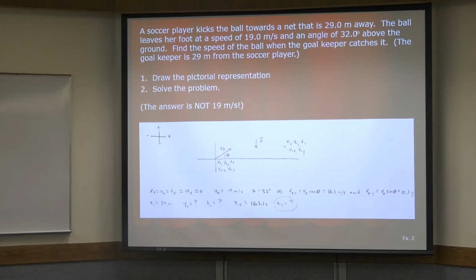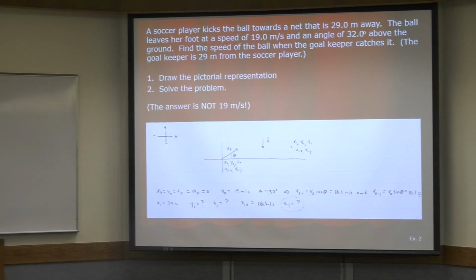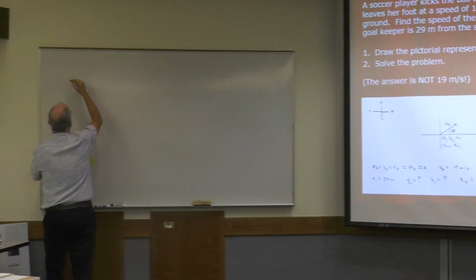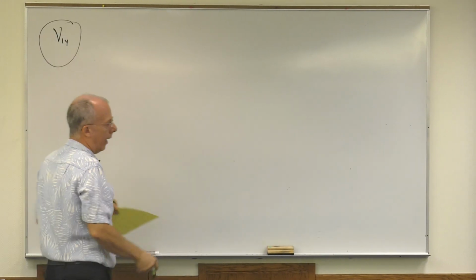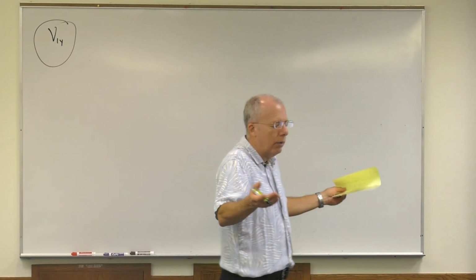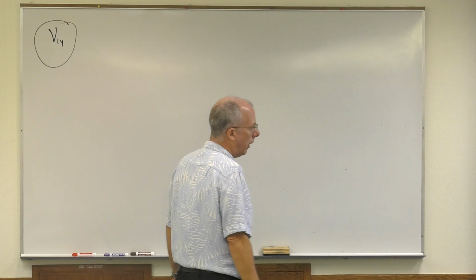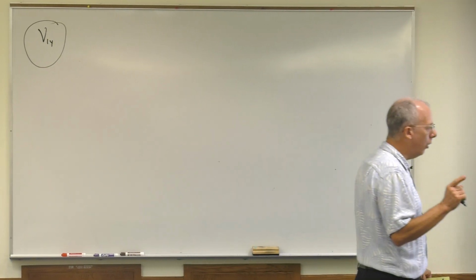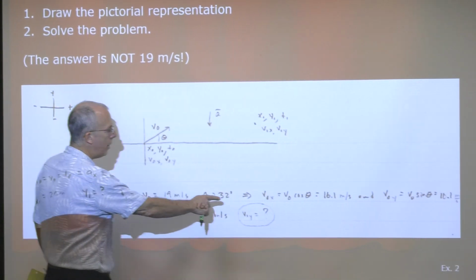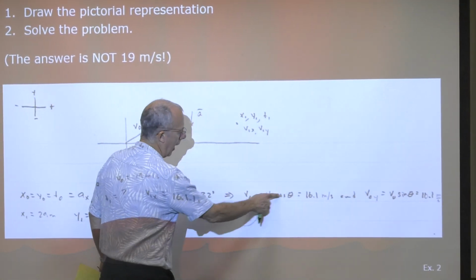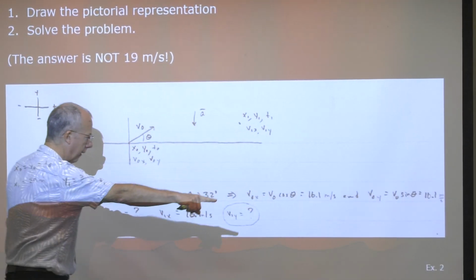So first thing, we want to get v1y, right? That's what I want. But I look at the kinematic equations and I don't have enough information. So then I realize, hey, look, I know v0x. I know the horizontal velocity.